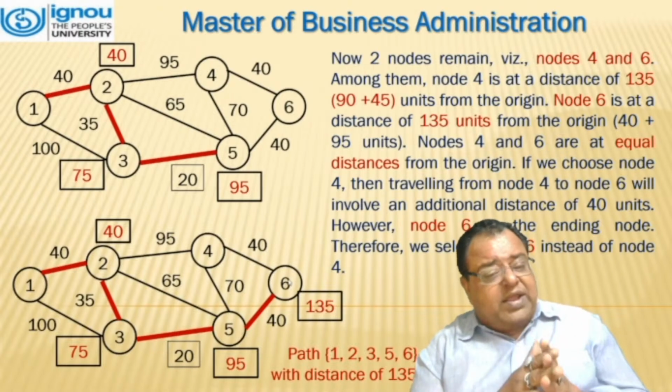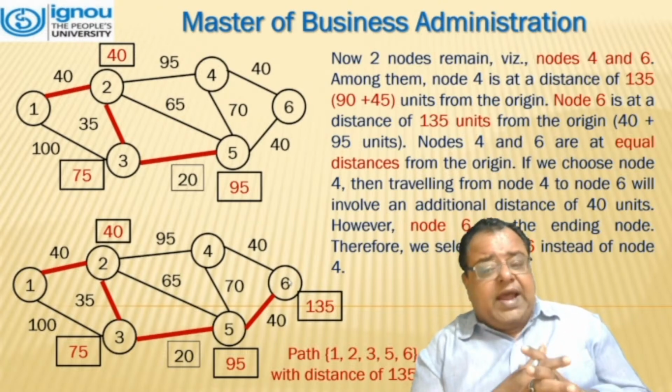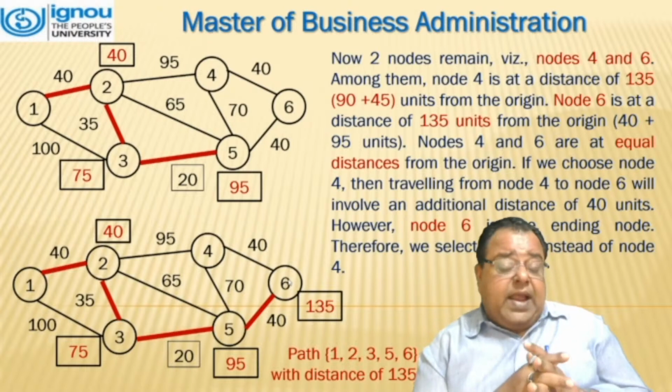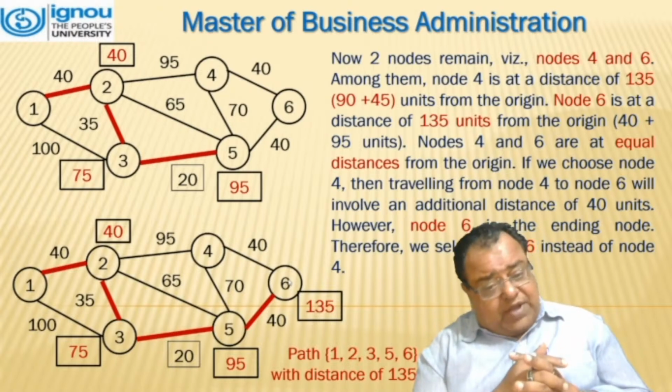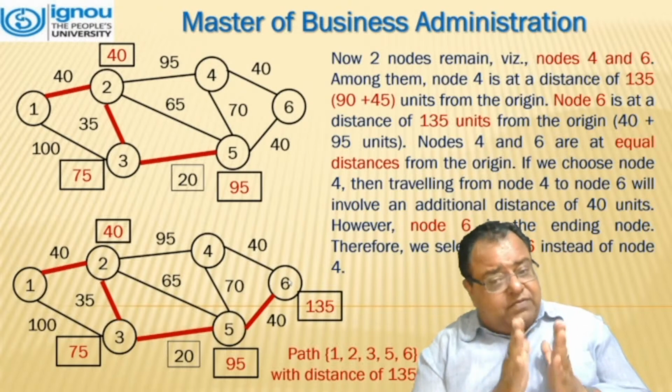So that is why we will be closing this from 5 to 6, the total node 6, and the total distance traveled is 135, 95 plus 40.